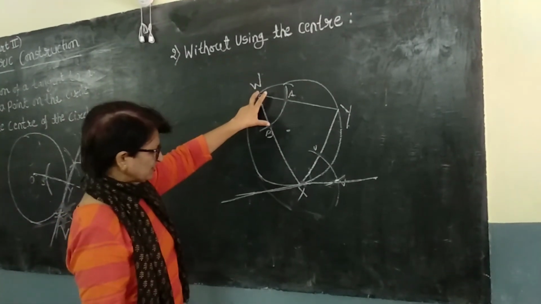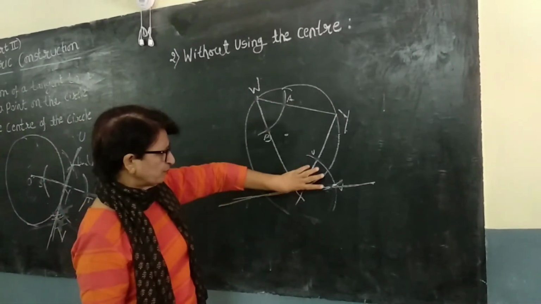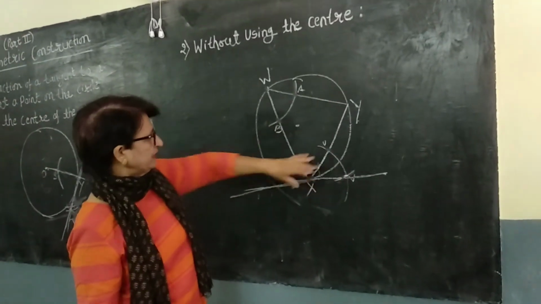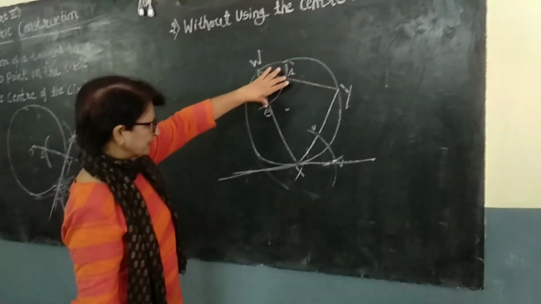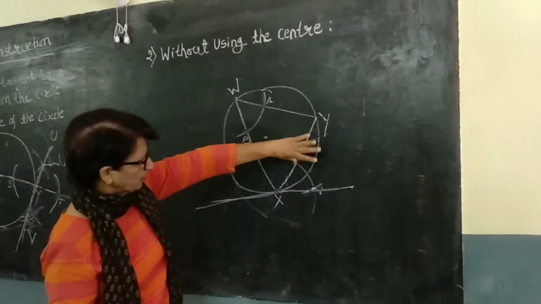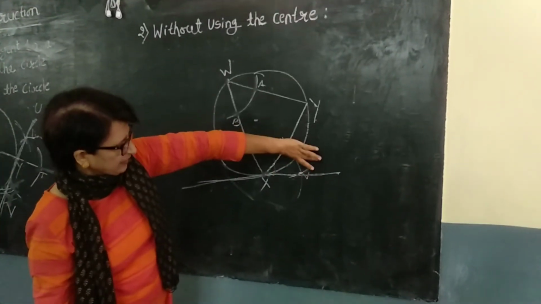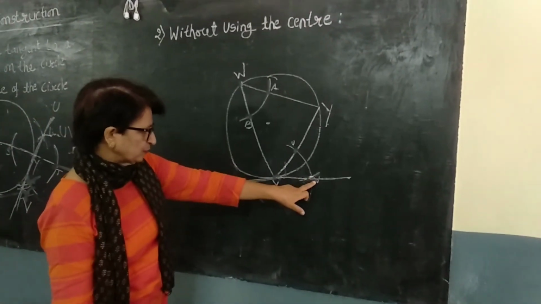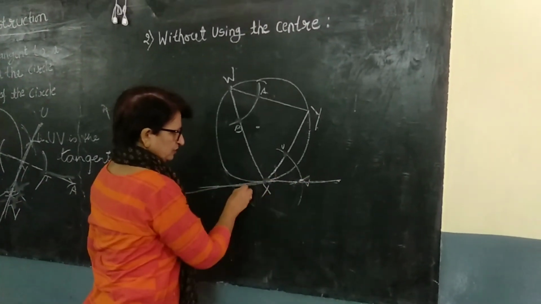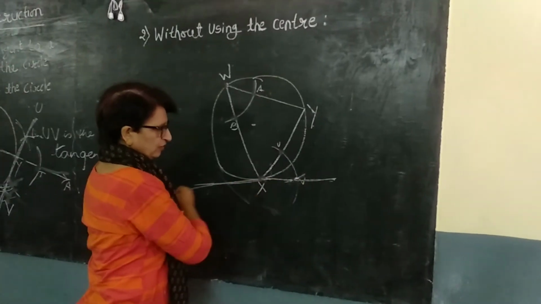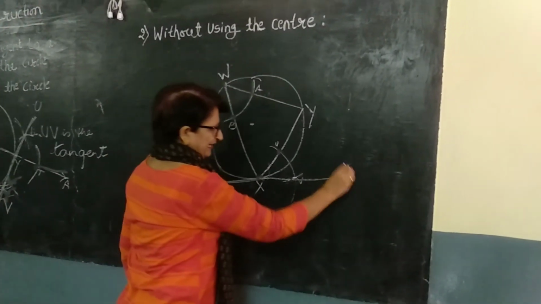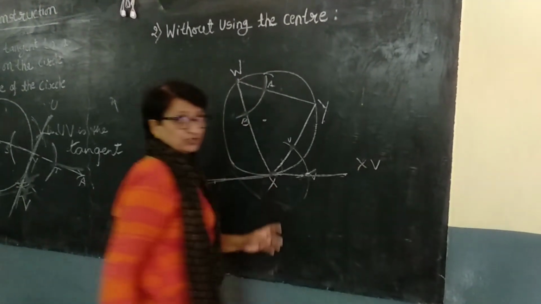With that same distance, I drew an arc from point X, cutting the line XY. Okay, then I took the distance AB and from point U, I cut another arc on the opposite side. Okay, then that is point V. Then just join X and V, draw a line, and that XV will be your tangent without taking the center of the circle.